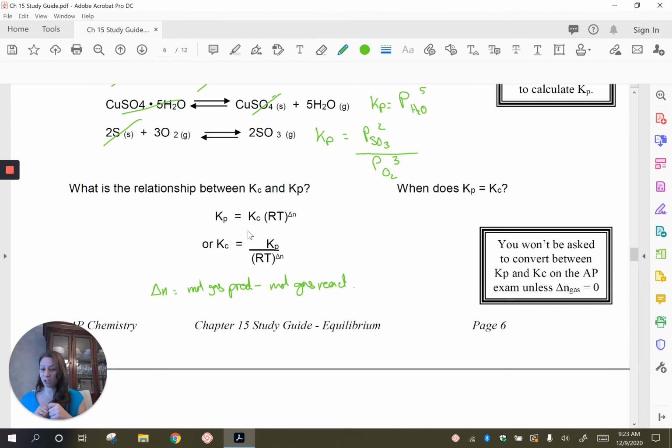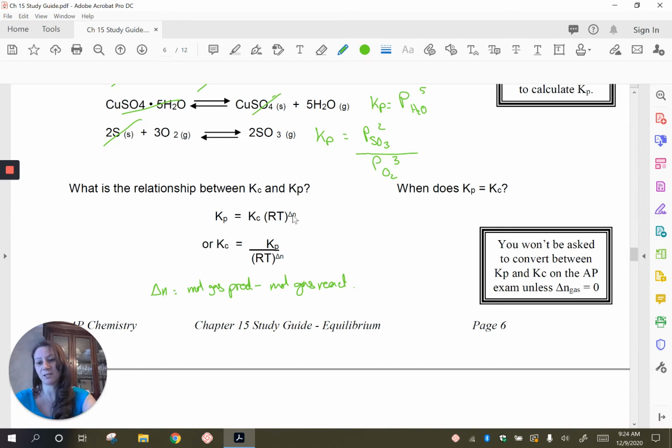The one thing you need to know about Kp relating to Kc is, when are they equal? So when is Kp equal to Kc? Well, if you look at the equation, Kp would equal Kc if this whole thing was 1. And when would this whole thing be 1? That's when delta n is 0, meaning that the moles of gas in the reactants are equal to the moles of gas in the products.